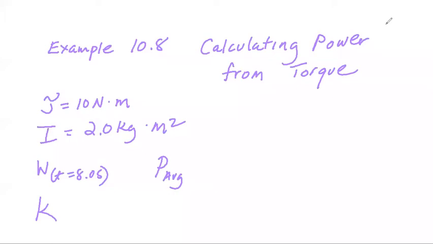Okay, so we know the summation of tau equals I alpha.